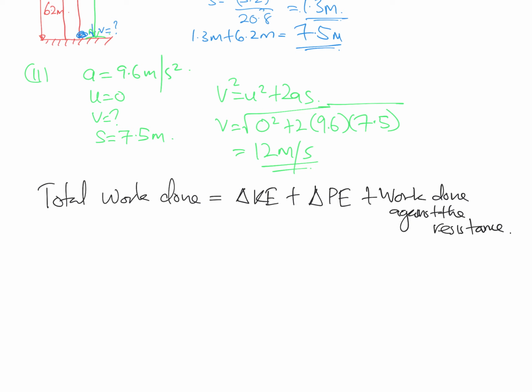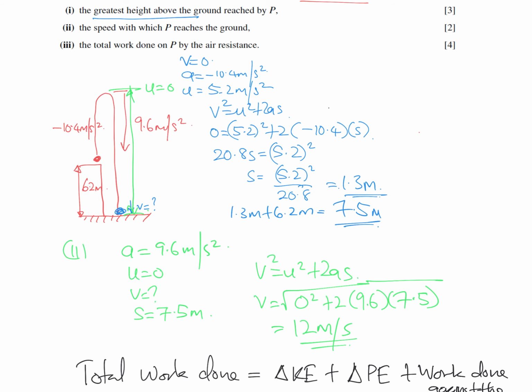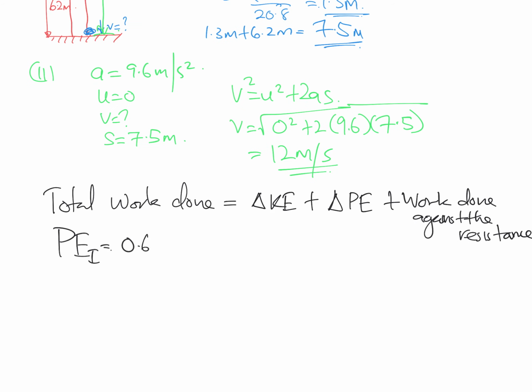Let's find out the initial PE. Initial PE, we have the mass, which is 0.6, times gravity 10, and the height is 6.2. The answer that I have here is 37.2 joules.